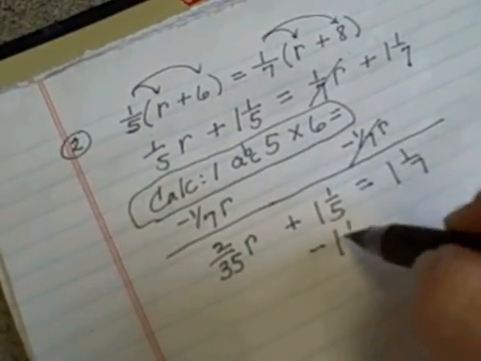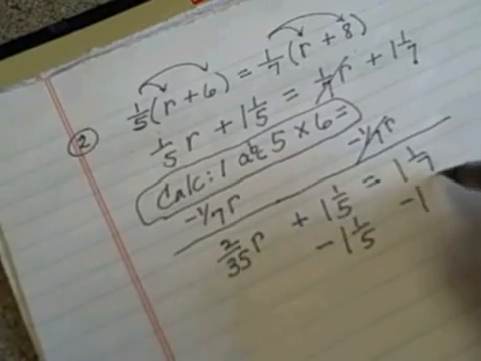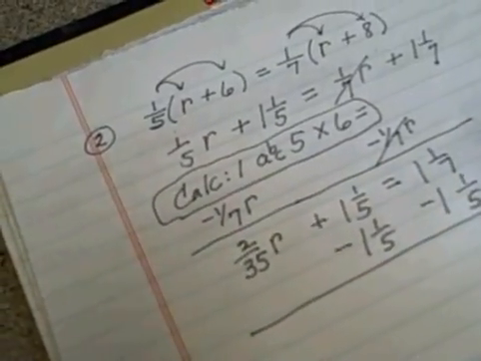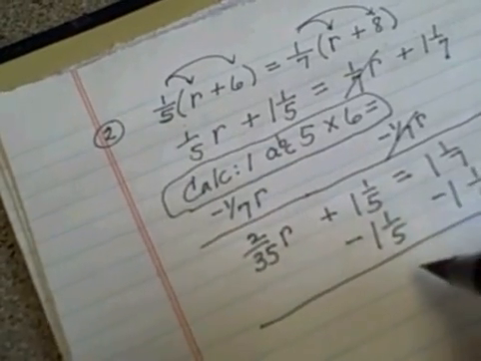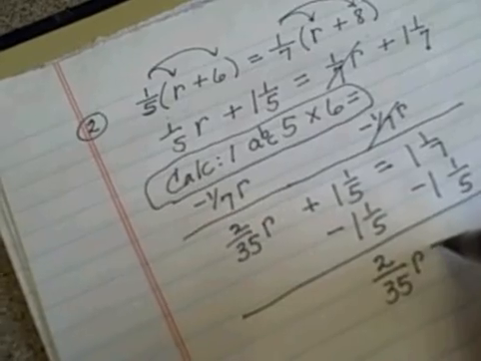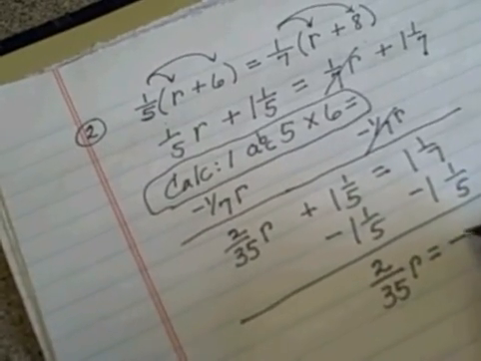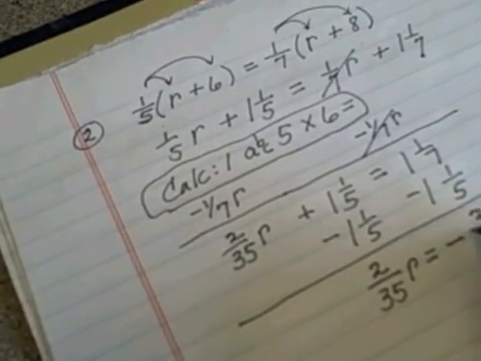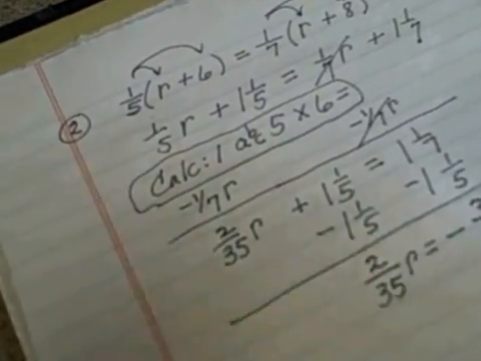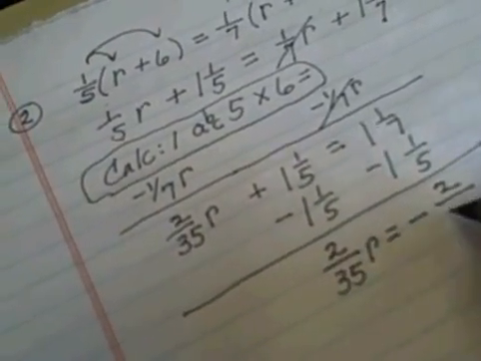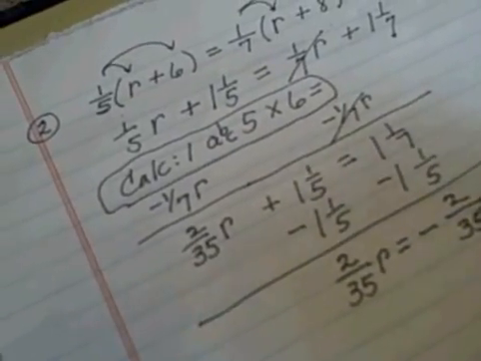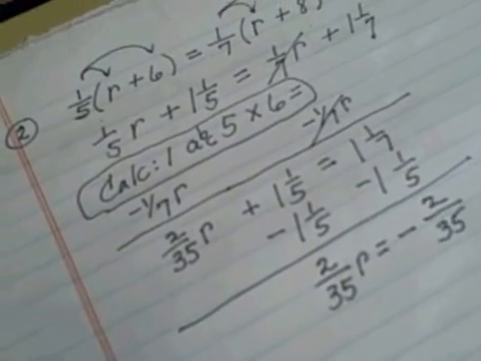All right, now we're going to subtract off the 1 1/5. And we get 2 over 35 r equals a negative 2 over 35. 1/5 is actually bigger than 1/7, so that comes out negative.